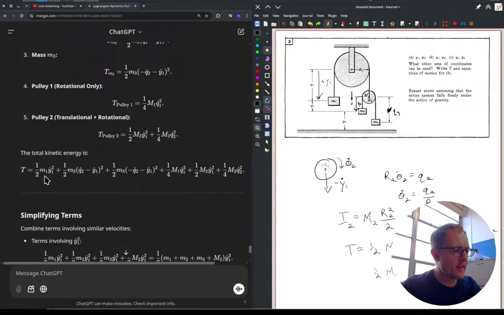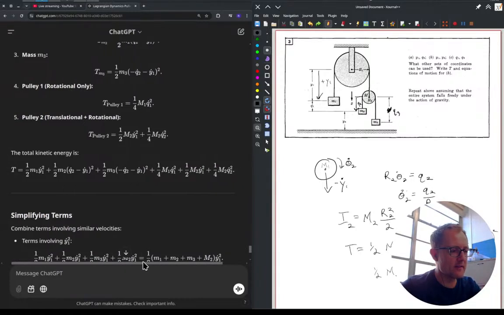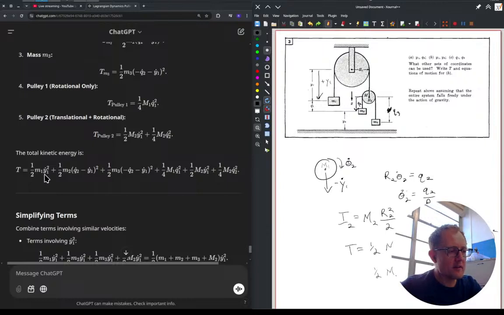So total kinetic energy. I've got to do another check because it regenerated everything. M1, Y1, M2, Q2, Y1, M3, Q2, Y1, capital M1 is just Q1. That's what I was trying to get rid of.